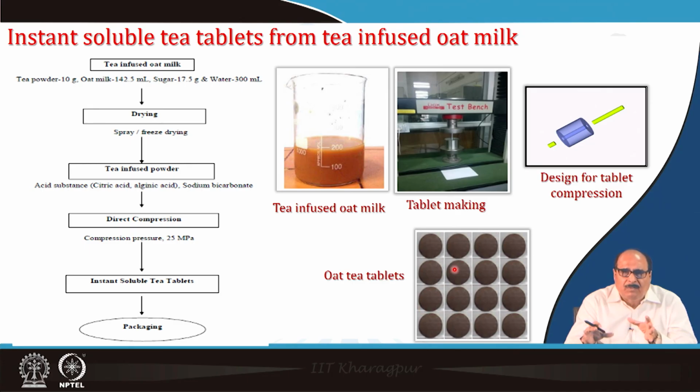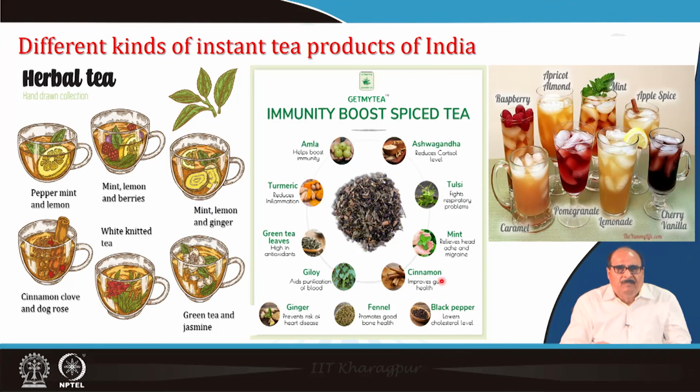The tablet size etc. we have developed, and maybe one tablet or two tablets can be put into 100 ml or 50 ml water, and one can get the desired brew. So that is the instant soluble tea tablets, which become a very convenient form for use. Okay.